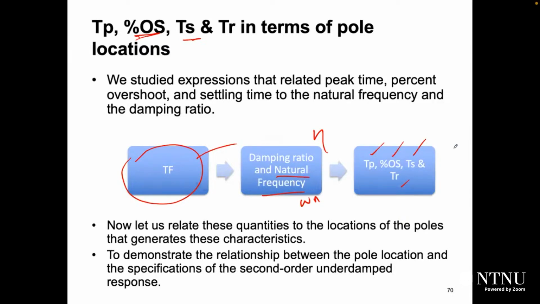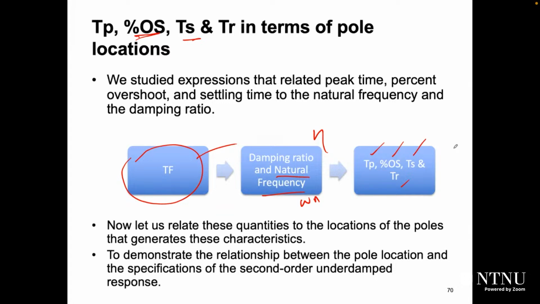Now let us relate these quantities to the locations of the poles which generate these characteristics. One of the most important design approaches we will use in this course is pole-zero placement. So we need to reallocate our poles into locations which will achieve the desired performance.